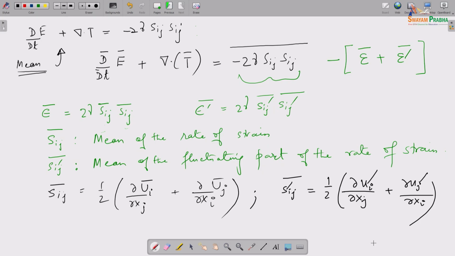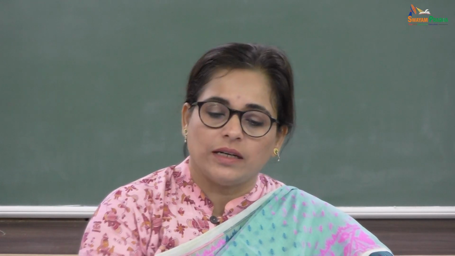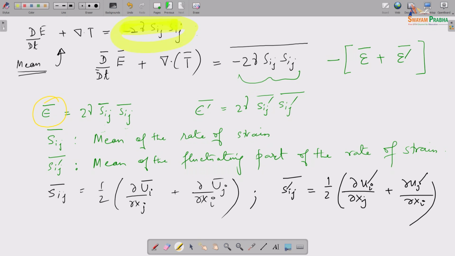Okay, now it has been found, how? Well, by experiments, it's been found that the mean of the rate of strain, as we've seen just now, if we integrate this, the right hand side is representing the viscous dissipation, through which mechanical energy is being converted to internal energy.